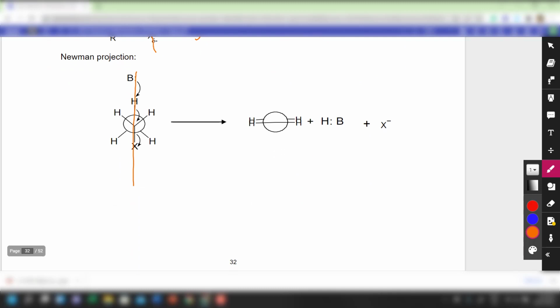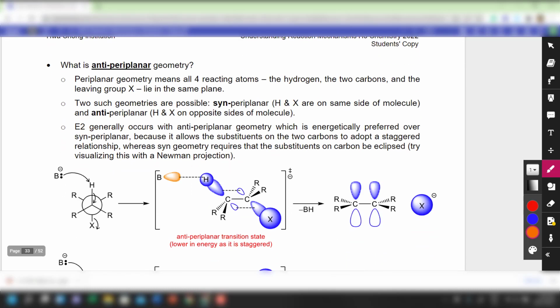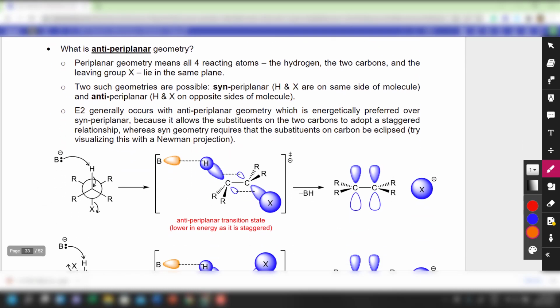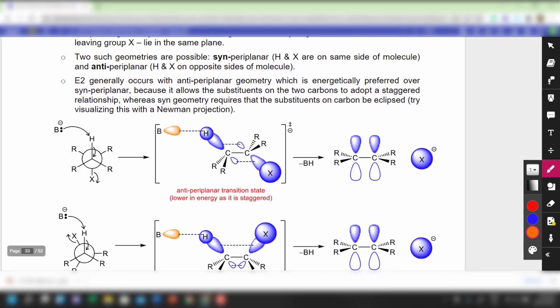As to why that is the case, there's an MO explanation to it. We won't go into details, but in short, number one, when a C-H sigma bond breaks, at the same time it needs to lead to the formation of a pi bond with the neighboring carbon. And at the same time, the electron density must be donated, in MO terms, to the sigma star of the C-X bond, so that the C-X bond will break.